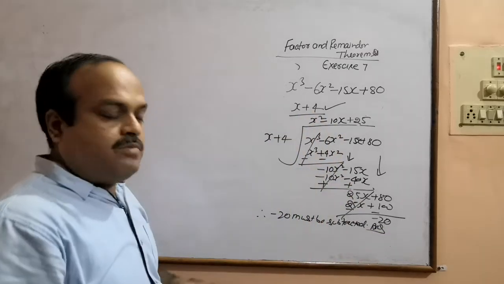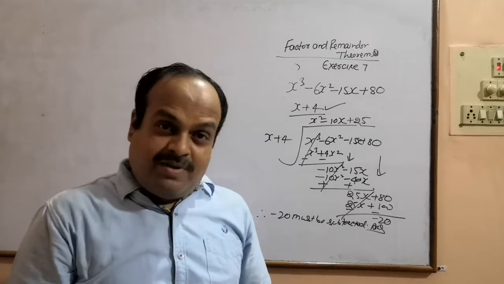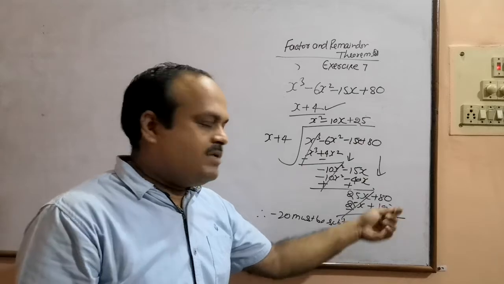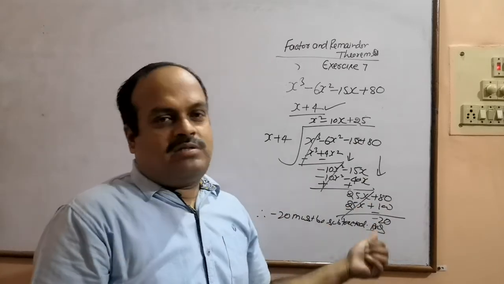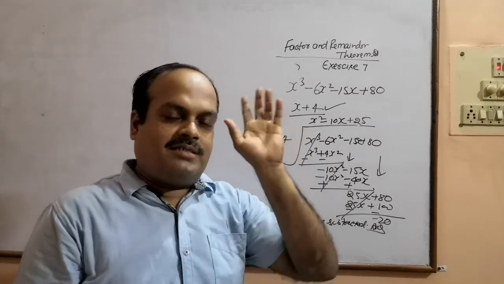This is also the procedure which you can use and get the full marks in the exam. But remember, this sentence when you don't write, some of you write minus 20 and answer. No. This sentence when you don't write, you will lose the 1 mark for the final answer. Remember it.